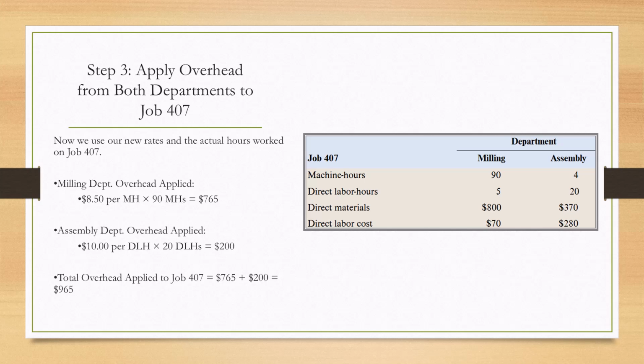We multiply this by our assembly rate of $10 per direct labor hour to get $200 of applied overhead. To find the total overhead for job 407, we simply add the amounts from both departments. $765 from milling plus $200 from assembly gives us a total of $965 in manufacturing overhead applied to this job.